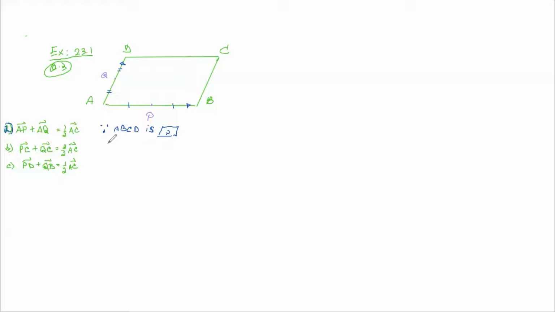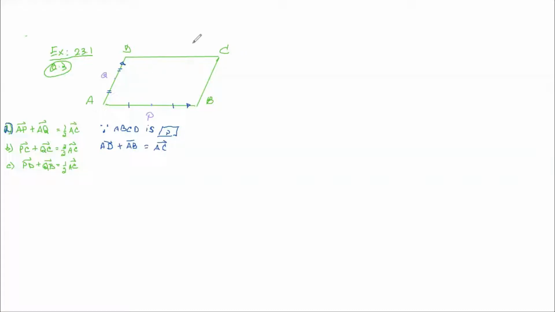So we are going to have vector AB or AD, it's okay, start from there. So you are going to have AD plus vector AB equal to AC. So AD plus AB equals vector AC.